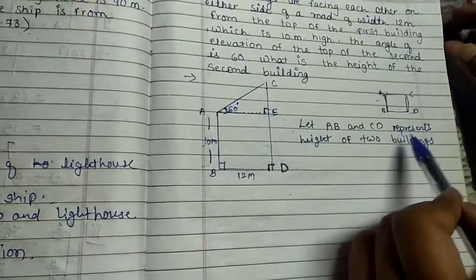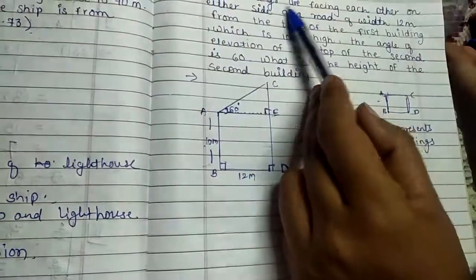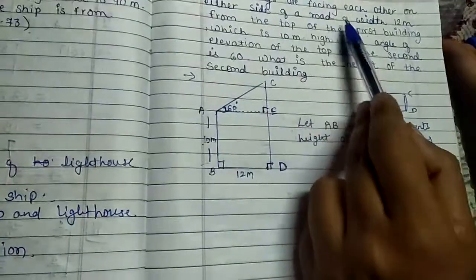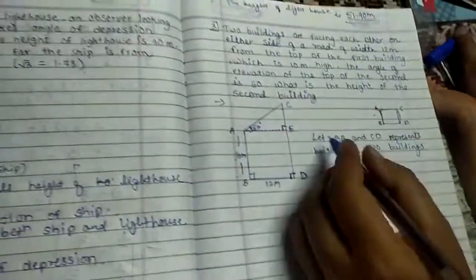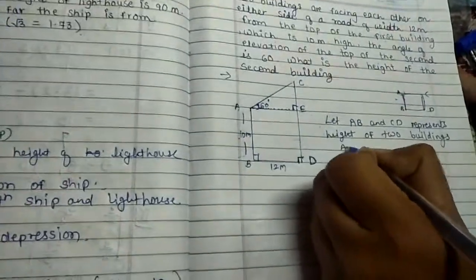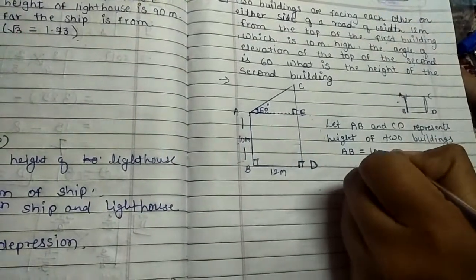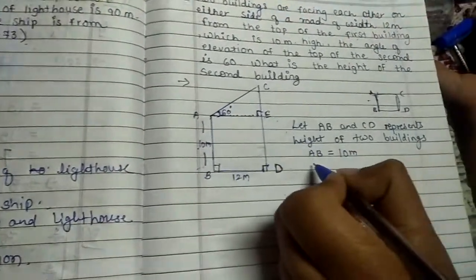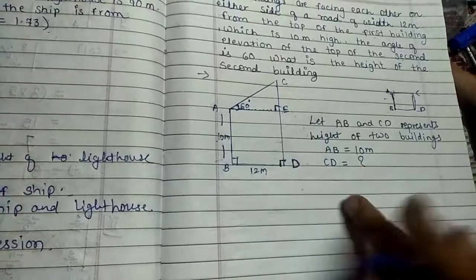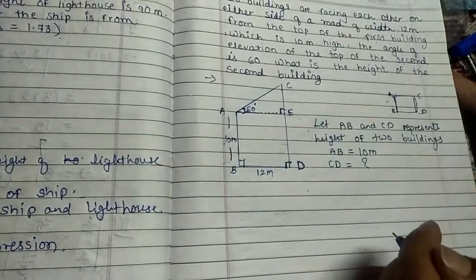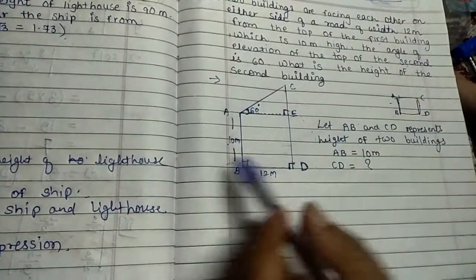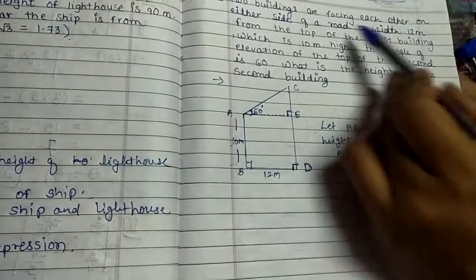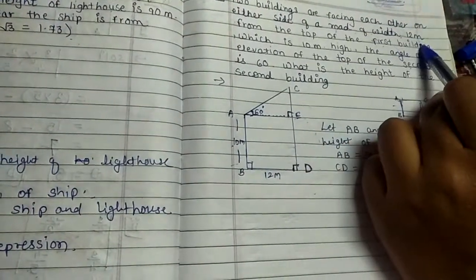Let AB and CD be the two buildings facing each other on either side of the road. So AB is equal to 10 meter, that is the first building, and CD is equal to, we don't know, we have to find out. So we write a question mark here. After that, BD is the width of the road, 12 meter.